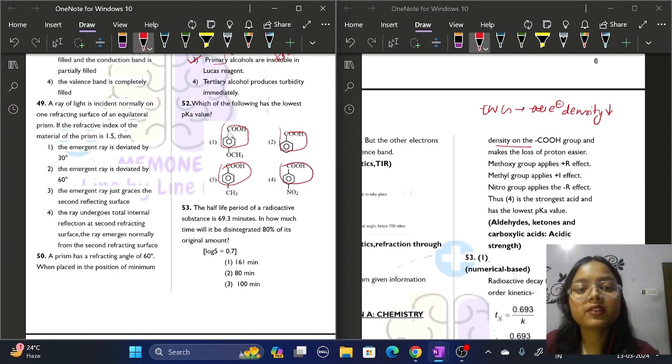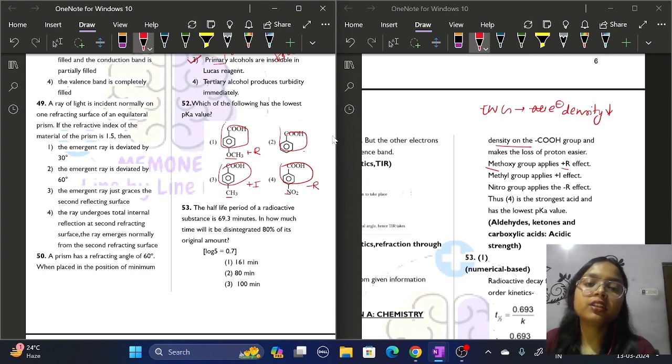So what is the difference here? OCH3 is there. Here no group is there. Here CH3 and NO2. We know that OCH3 is the methoxy group, and it applies the plus R effect. Here no group is there, and here CH3 applies the plus I effect and NO2 applies the minus R effect.